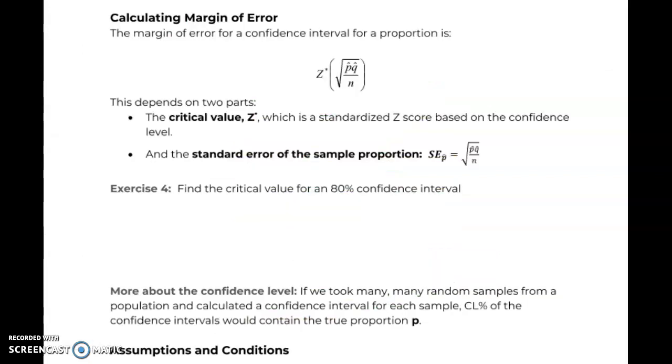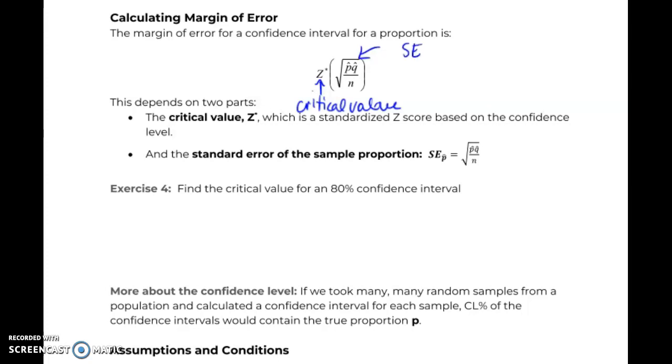So how do we calculate the margin of error? Well, our margin of error is a combination of our z star, which is a critical value, and the second part, our standard error.